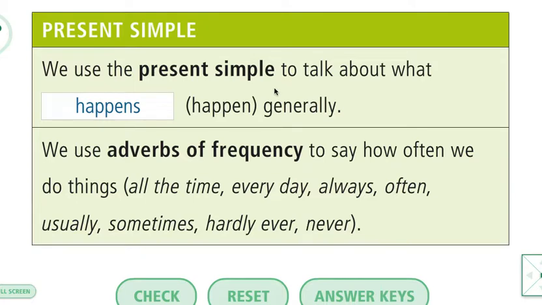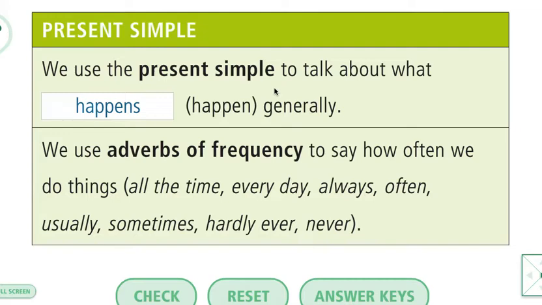Well, the present simple is when you speak about routines, about the things you usually do, but you are not talking about the moment, okay? So, for example, if you go to school every day, if you work every day, you are using the present simple because this is a routine. If you want to express that you are working in this moment, this is present continuous, okay?